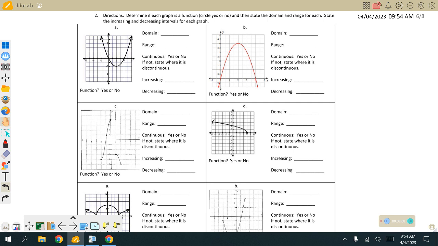All right, number 2, letter A, function, yes or no? That's a yes. Okay, domain, which values are we focusing on, X's or Y's? X is left to right. On that domain, left to right real quick, do we see a clear starting left value? No, so where are we starting that off at? Negative infinity, comma.